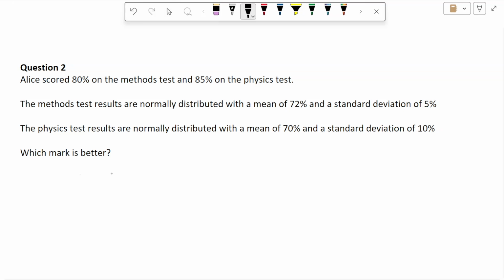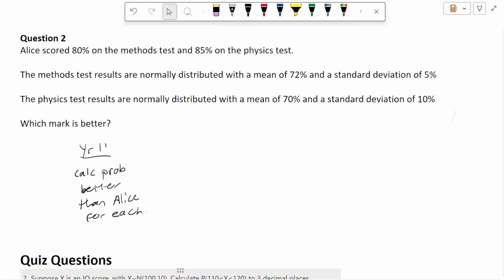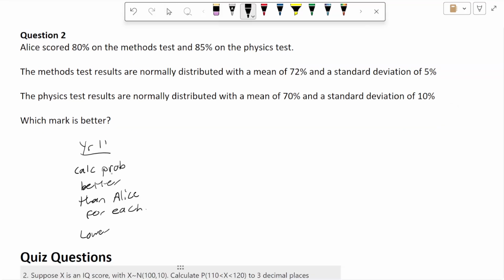The year 11 version of this would be to calculate the probability of doing better than Alice for each. The lower probability is the better mark.